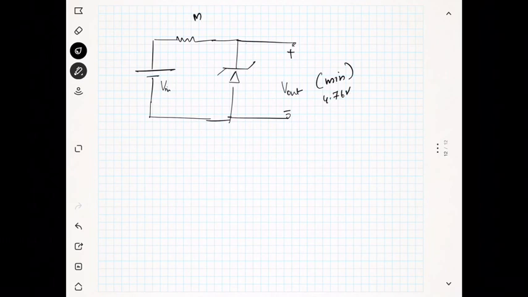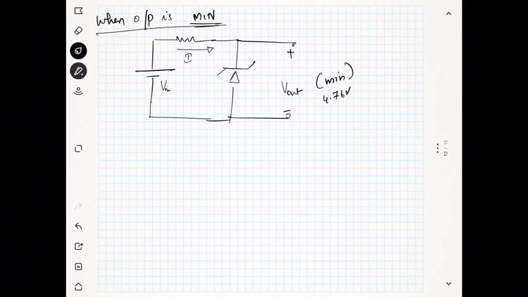So V out is equal to 4.76, and the current through the Zener diode is going like this, and this current is IZK only, and this R is equal to 100 ohm.